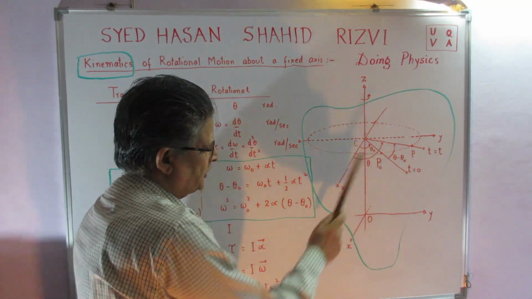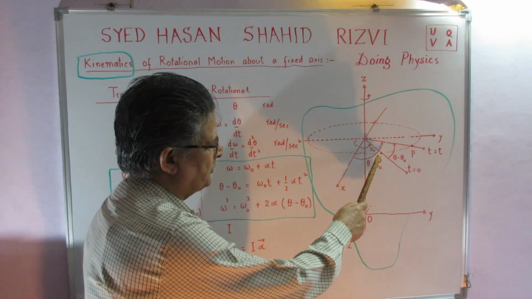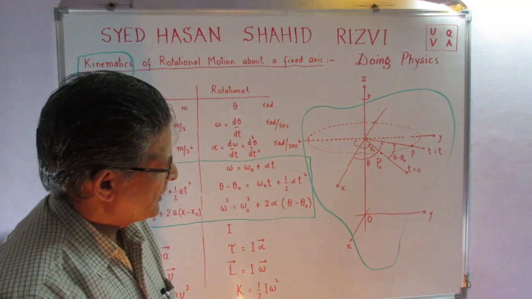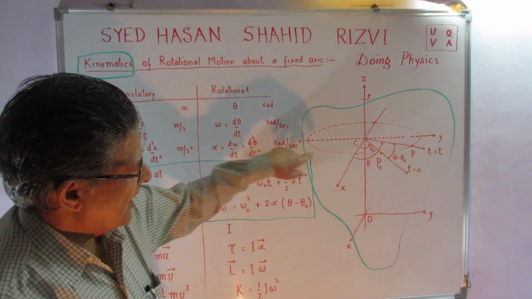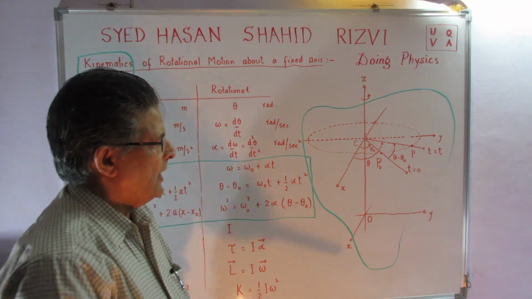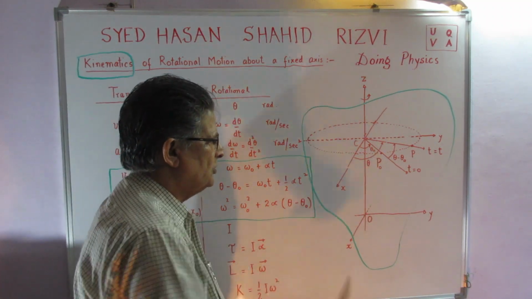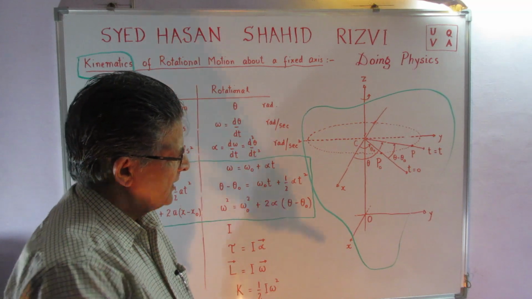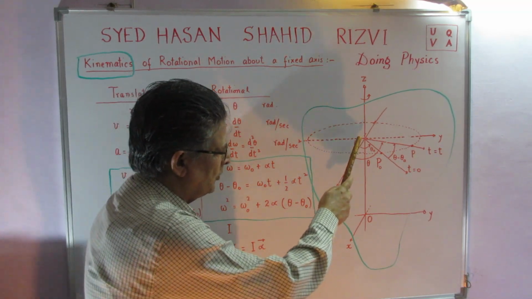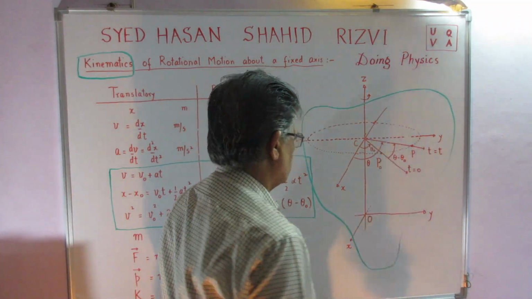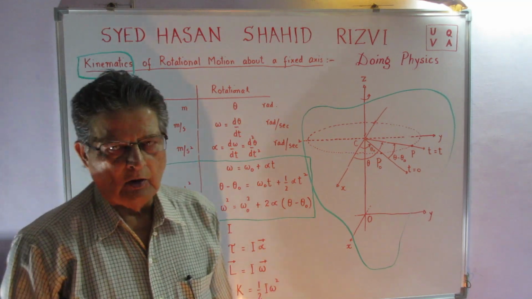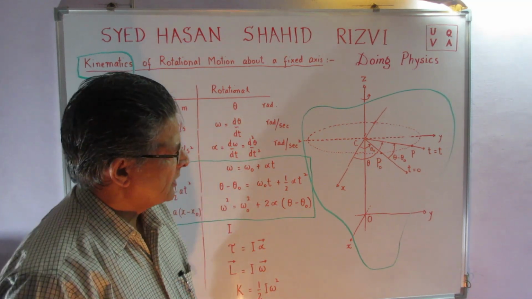Initially at time t equal to 0, this point was here on the circumference of the circular path that the body will follow. We have taken the x-axis like this, y like this, and z like this, and the angles between x and y, y and z, and z and x are all 90 degrees. This is an orthogonal coordinate system.